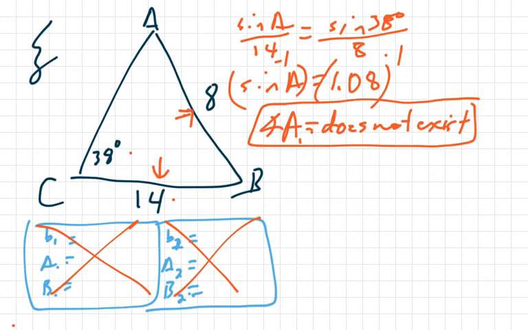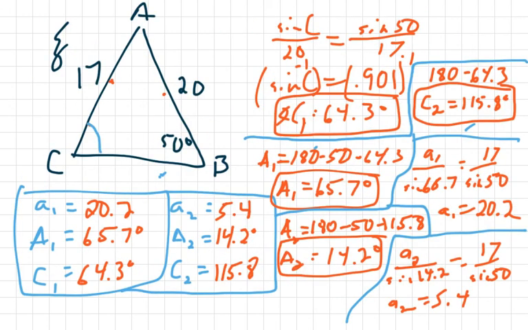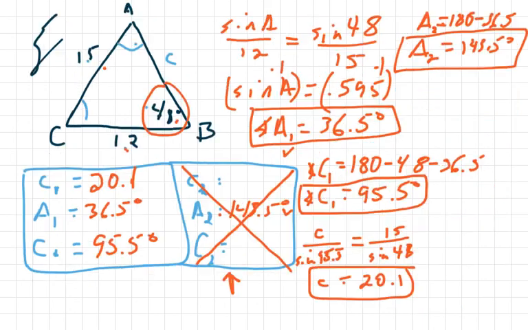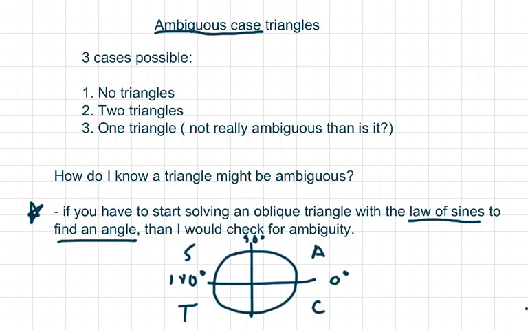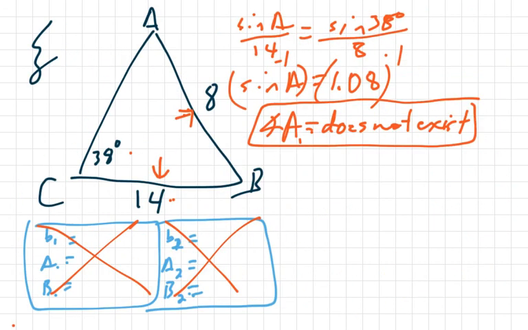So, on an ambiguous case, if the corresponding side that you get, the 17 and the 50, is smaller than the other side, it's possibly ambiguous. Because if your corresponding side is the bigger of the two sides, there's probably only going to be one triangle. Now, that's not written in stone, okay? But that's a quick way to say, oh, I've got to really check this one out.